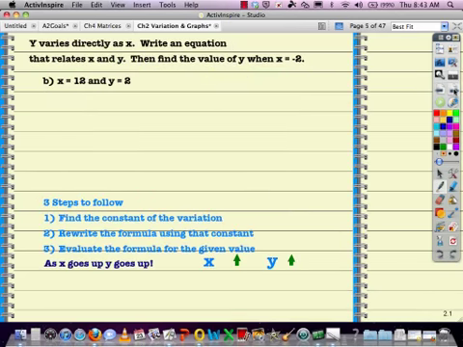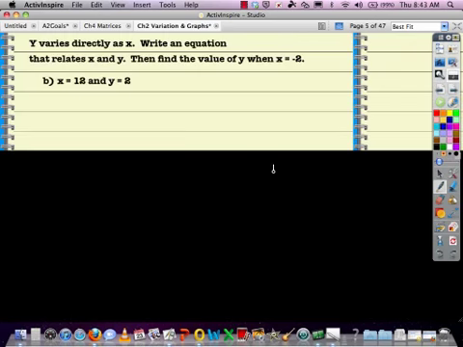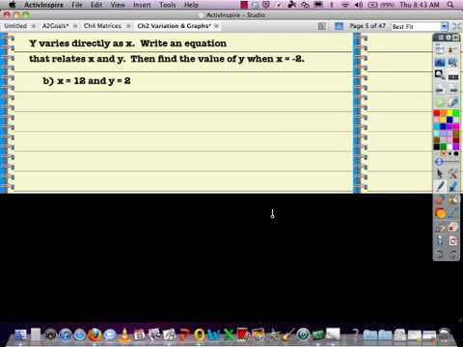So let's try one by yourself. Sounds a lot similar to the one we just did, but look carefully. Y varies directly as x. Write an equation that relates x and y. Then find the value of y when x equals -2. X equals 12 and y equals 2.